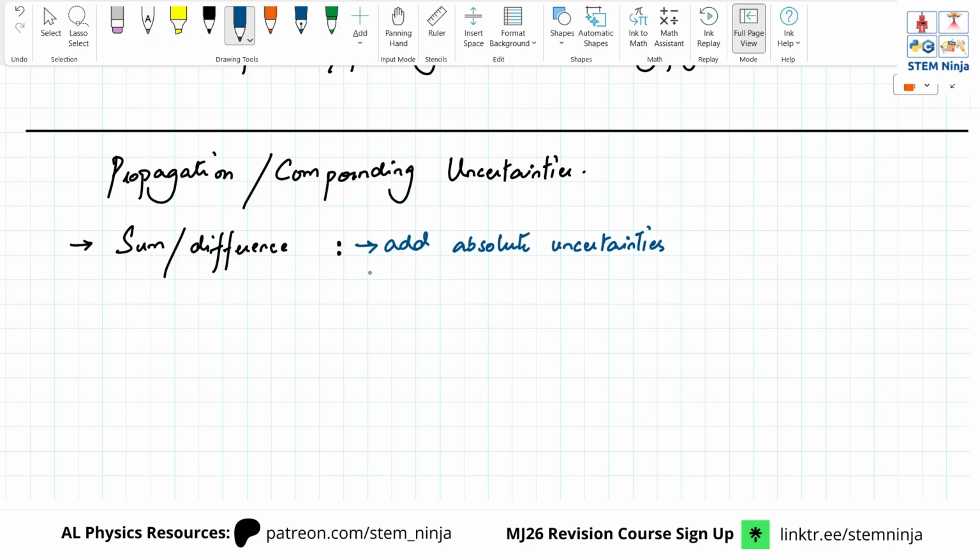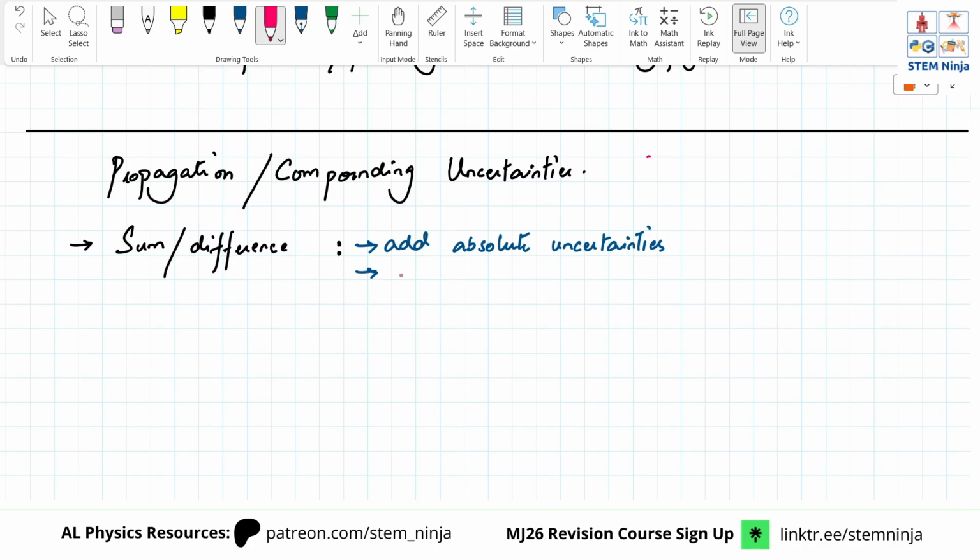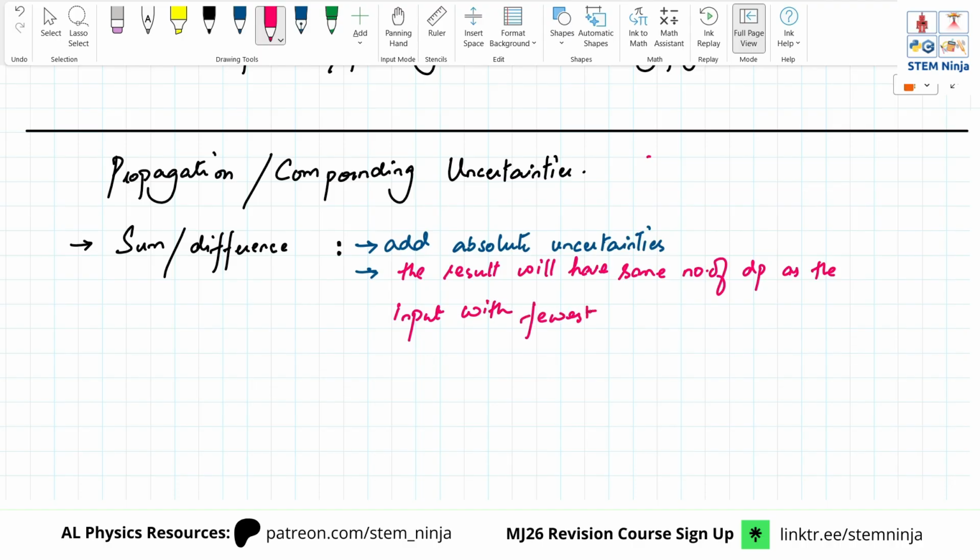And again, the number of significant figures and uncertainties, remember, the result will have the same number of decimal places as the input with the fewest decimal places.